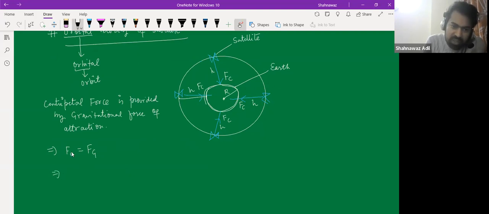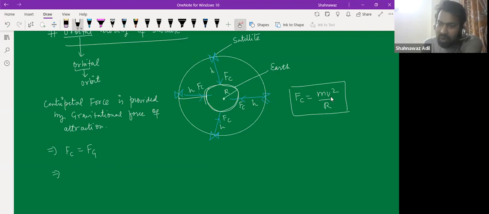And we are at a certain height. So what would this be? The centripetal force, we know, is mv square by r. So let us write this as v orbital: m v orbital square by r. And what is the gravitational force?